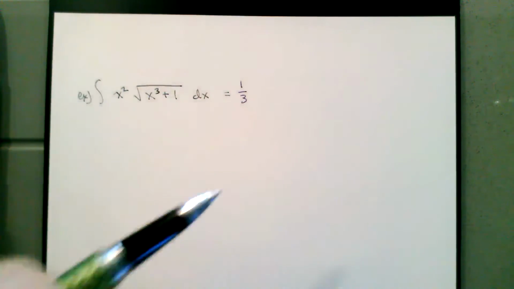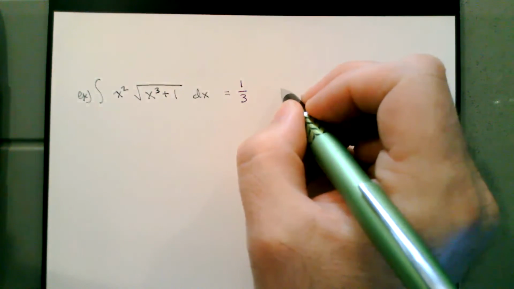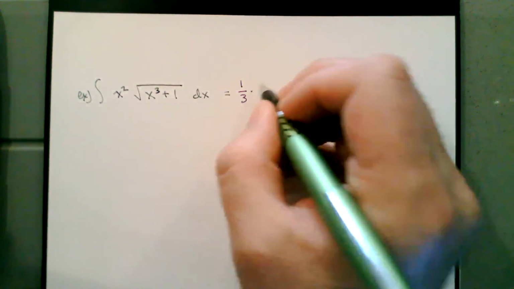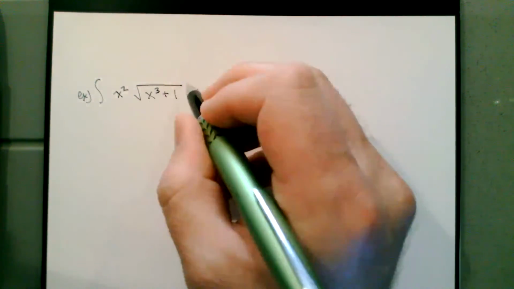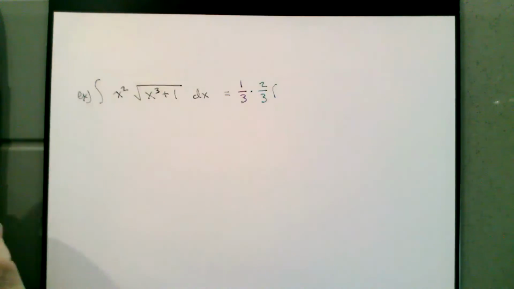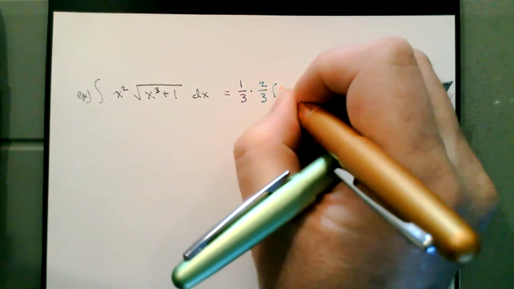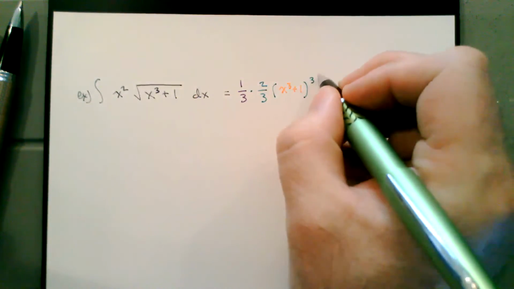And then my integral, this is the square root of w. We're going to add w to the 1/2. So we're going to add 1 to the exponent and multiply or divide by the new exponent, which is going to be 2/3. The square root is going to be x cubed plus 1. X cubed plus 1 is my inside function, to the 3/2.